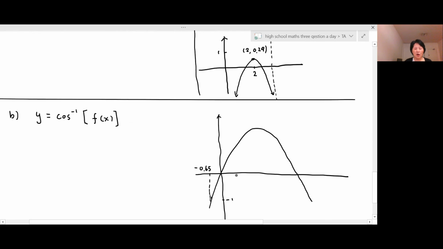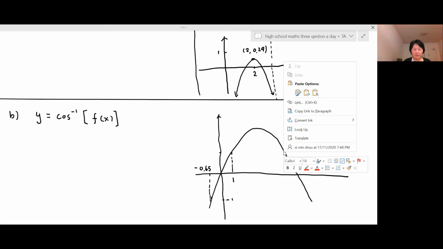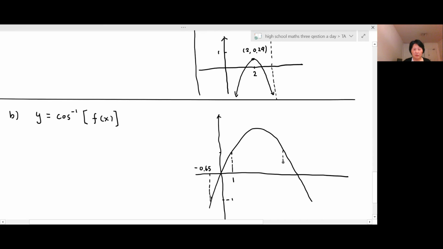We also know that when the y value is positive 1, the x value is 1. Then we also have this one, where the y value is 1, and the x value is 3.